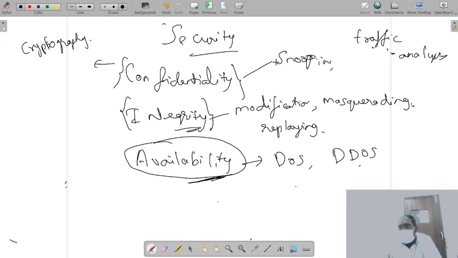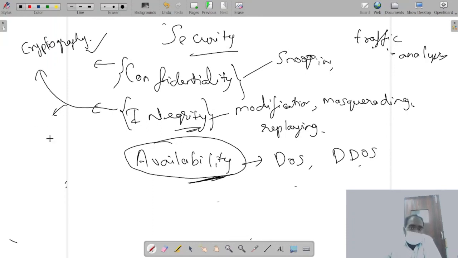But if a friend sees our message, he should not be able to understand what is going on. If I'm sending hello, I should encrypt it in such a way that even if he reads it, he should not be able to figure out what is going on. So confidentiality can be guaranteed using cryptography. Integrity can also be guaranteed using cryptography and various other hashing functions.